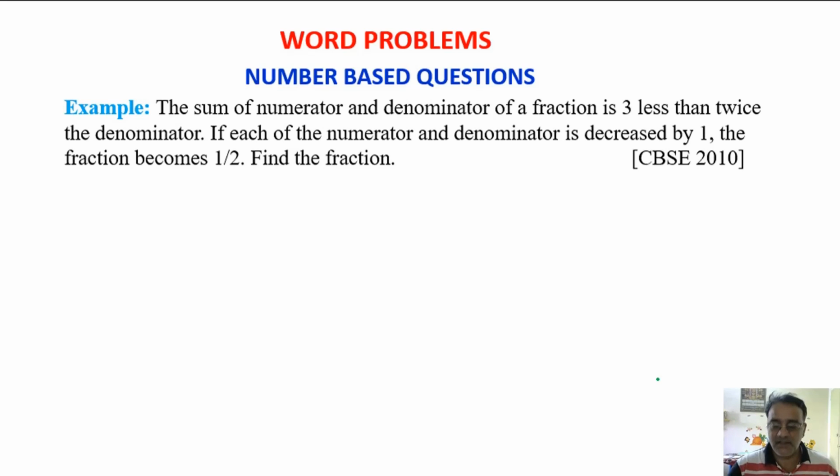So this is the question based on fraction. The sum of numerator and denominator of a fraction is 3 less than twice the denominator.